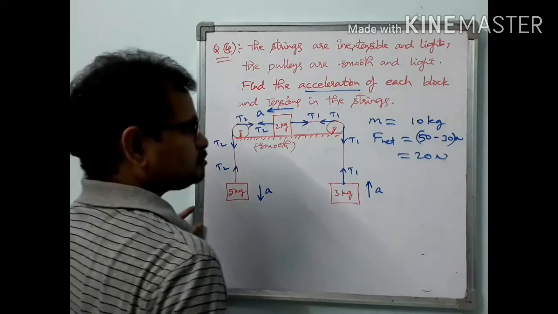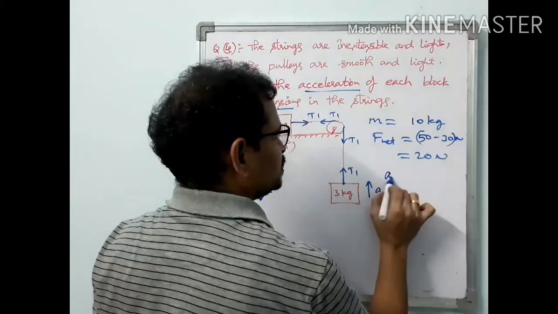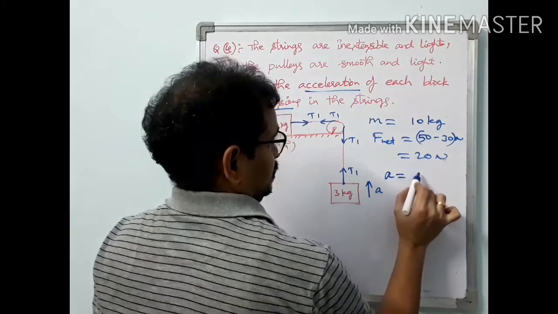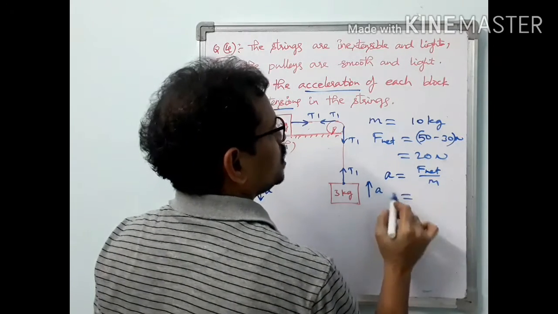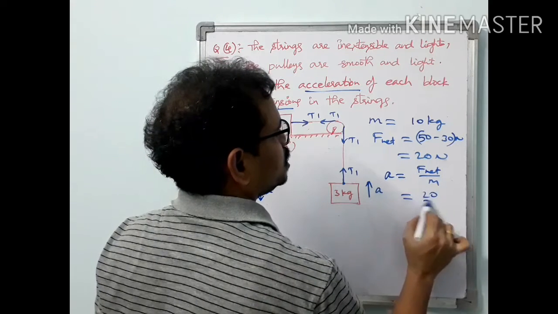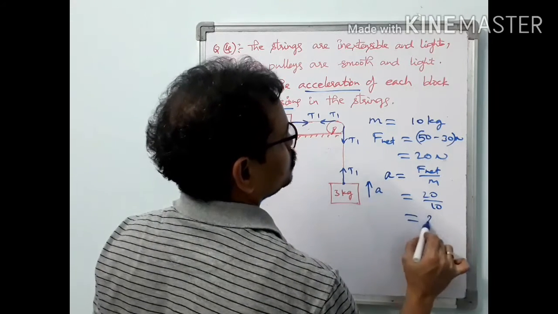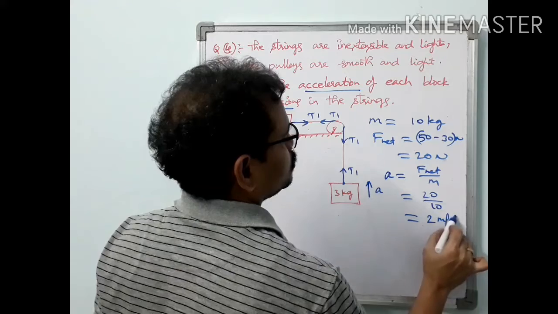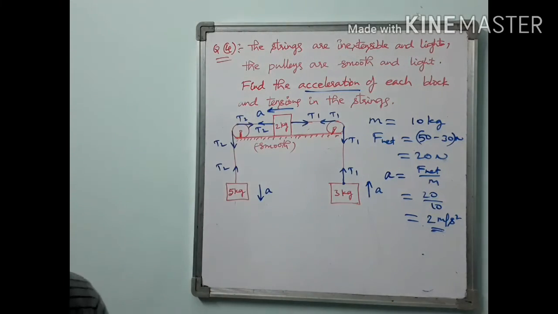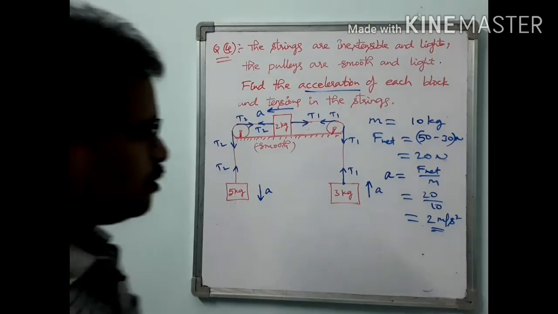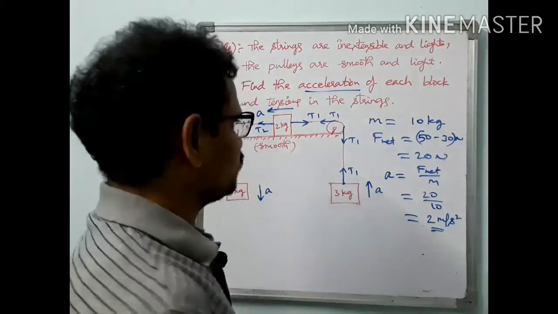So what is the acceleration here? F net by m. What is F net? 20 by 10 equals 2 meters per second square. Guys, we got the acceleration as 2 meters per second square.